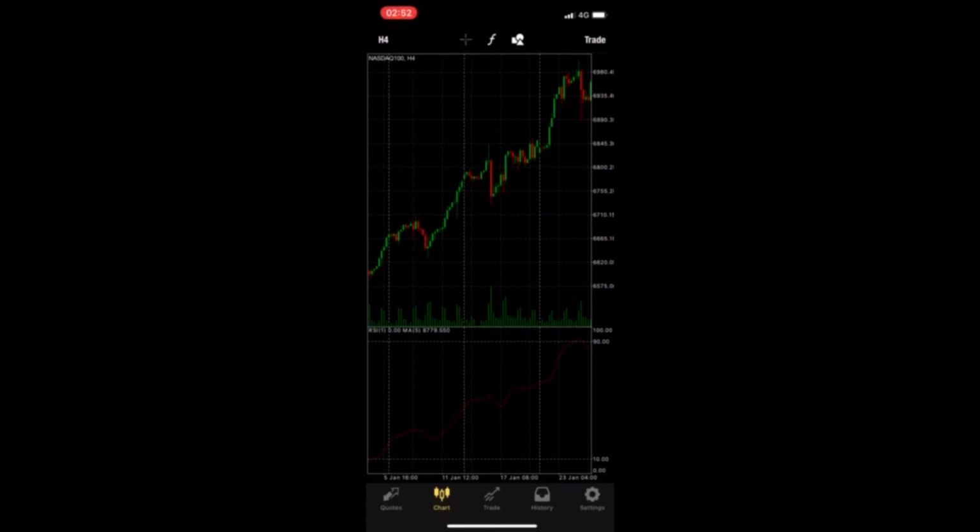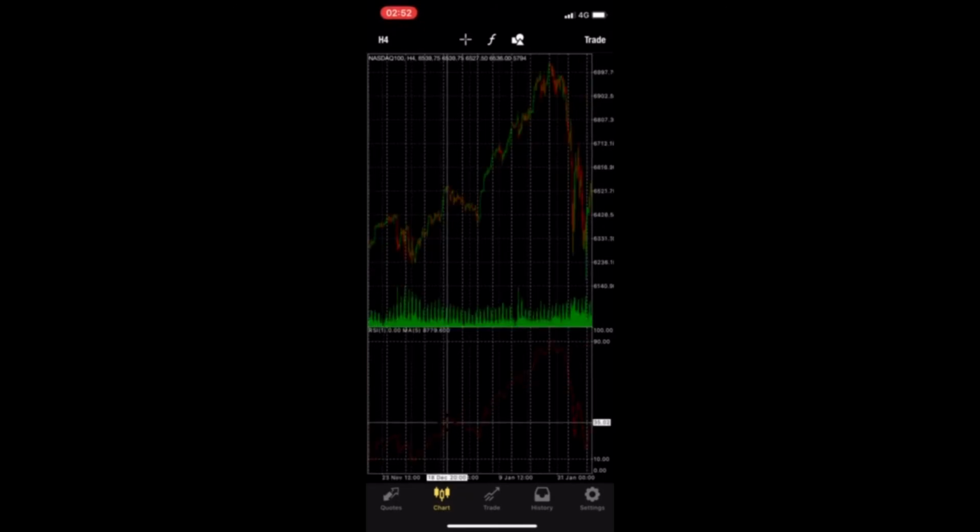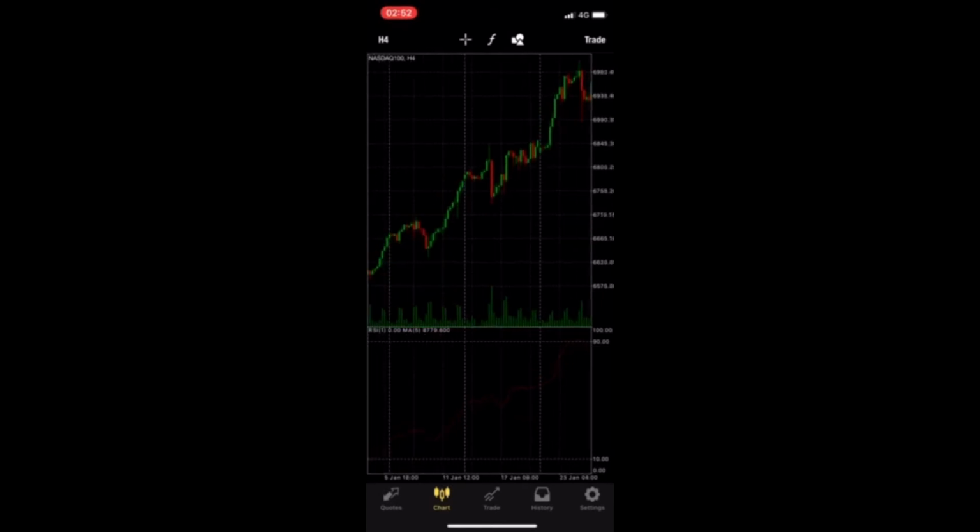As for sells, you wait for the RSI to be overbought. Once the RSI is overbought, you look for rejections like this, and then you can take a sell. But your sell should be a short-term trade, meaning 3 hours or 4 hours.